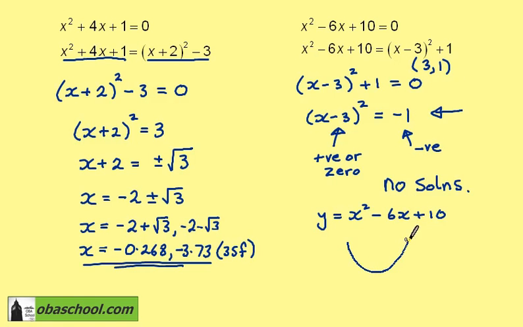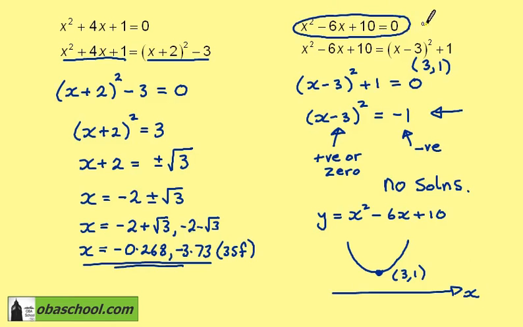If we draw a sketch of the curve, the minimum point here is at 3, 1, which means the curve is always above the x-axis. Remember, the solution to a quadratic equal to 0 gives the points of intersection of the curve with the x-axis, and there are no points of intersection here.